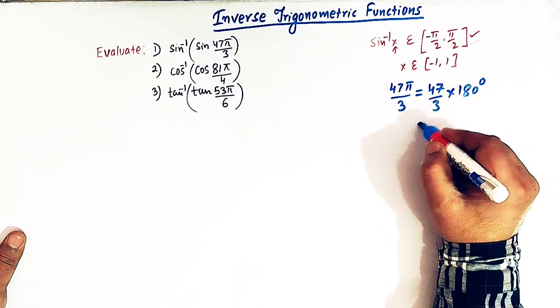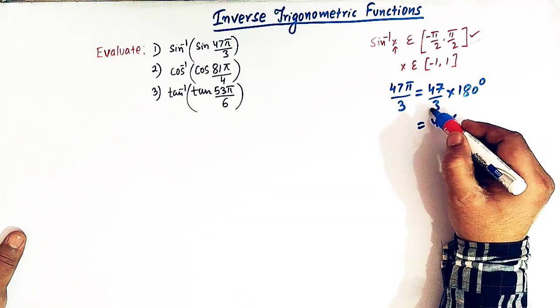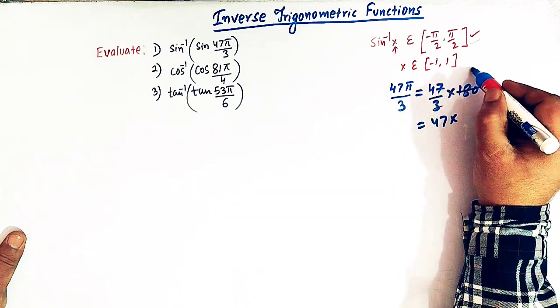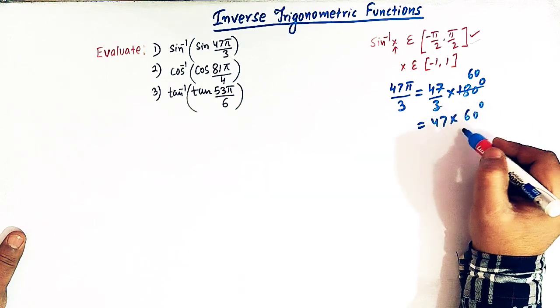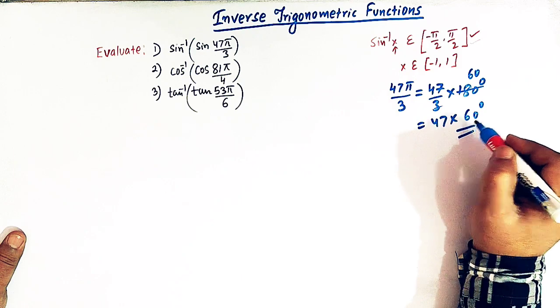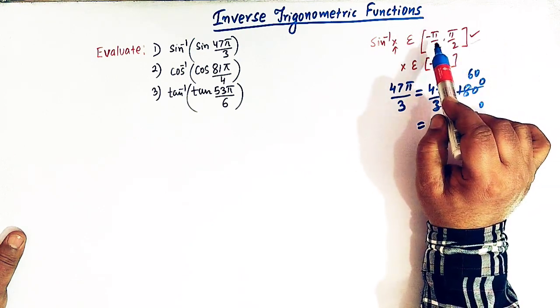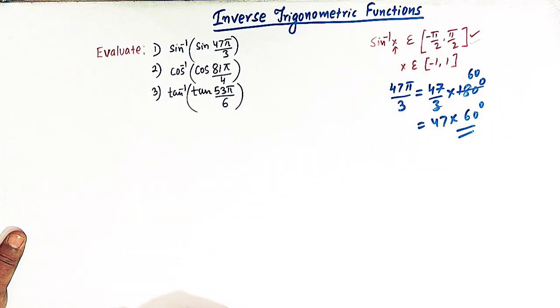Solving this, 180 over 3 is 60, so we have 47 times 60 degrees. And this angle does not fall in the interval minus pi by 2 to pi by 2.